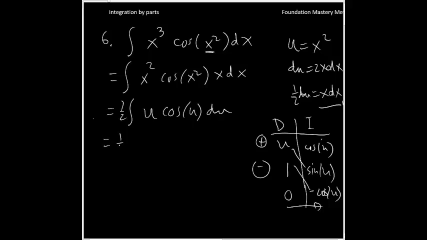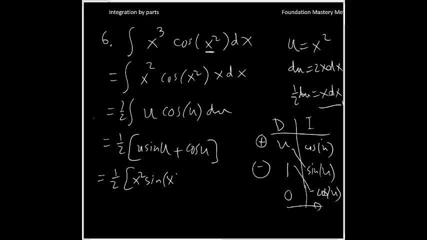So then you get 1/2 u sine u minus will be plus, and you get cosine u. And then substitute back what is your u. U is x squared. So you get x squared sine x squared plus cosine x squared. And we are done. Plus integral constant.